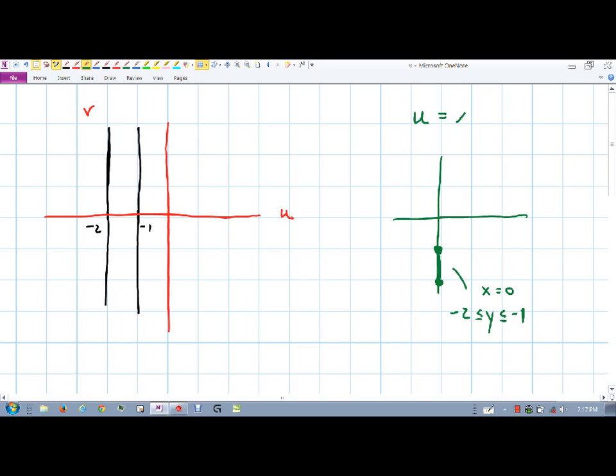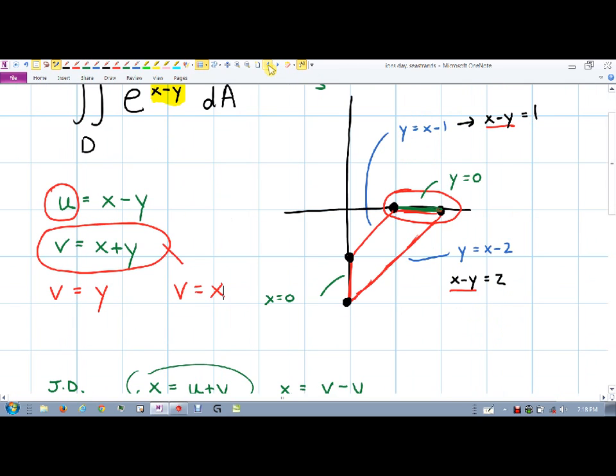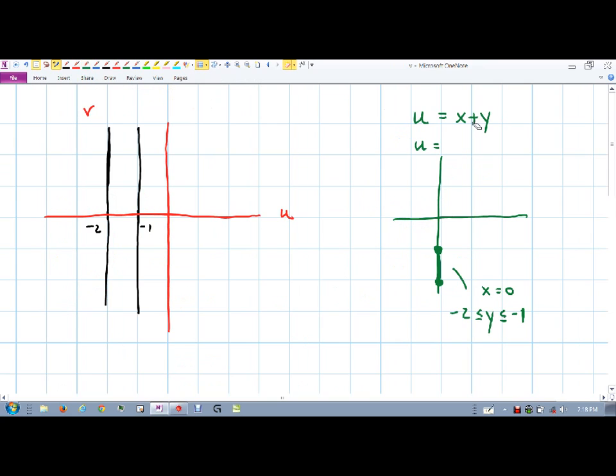Remember what u was? It was x plus y, right? If x is 0, what's u? That was for v, though, right? Or was it the other way around? We are doing v, but I'm saying what was u? U was x minus y?